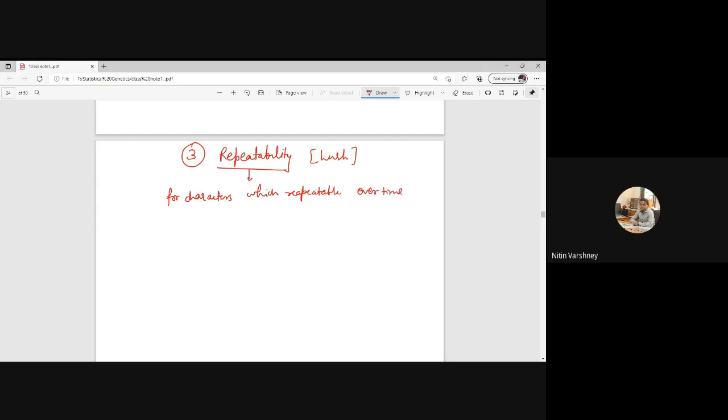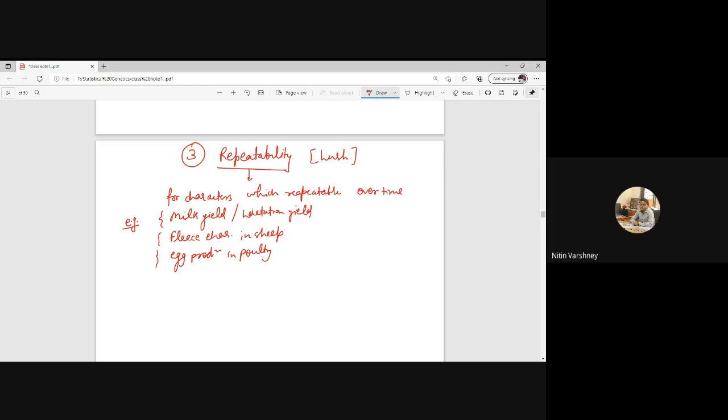For example, can anyone give an example? Which characters are repeatable? Just like milk yield, or fleece character in sheep, that is woolen characters, egg production in poultry, or we can say milk yield or lactation yield. So these characters are repeatable over time.